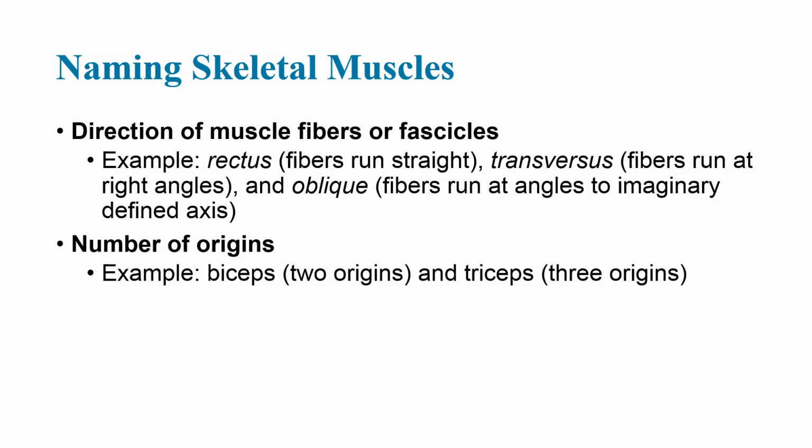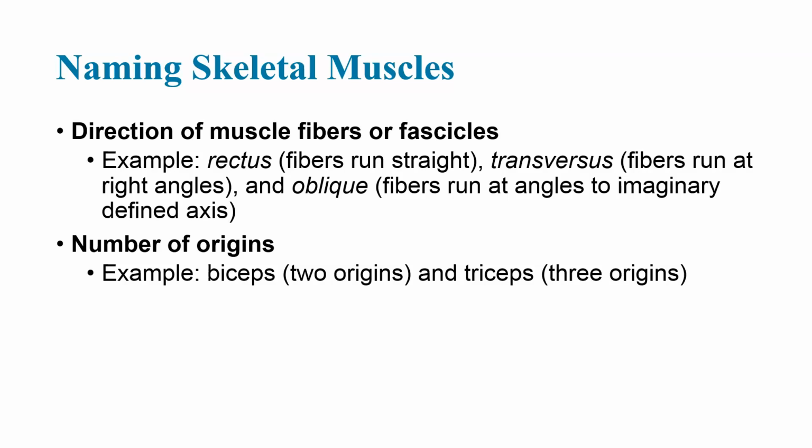So the rectus abdominis, these are muscles that go straight down the abdomen, and because the muscle fibers run straight, it gets the name rectus. The external and internal obliques, these are muscles that are located lateral on the abdomen, and they don't run at 90-degree angles at all, but at an angle kind of in the middle. Then there's the transversus abdominis muscle. So guess what direction that one runs?